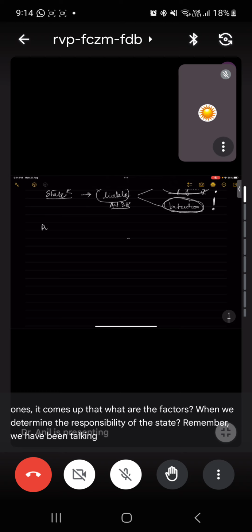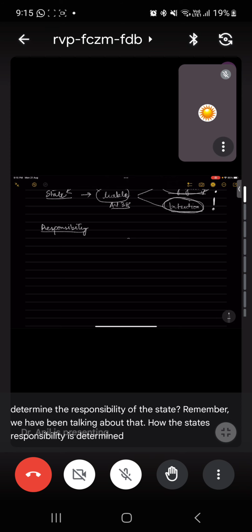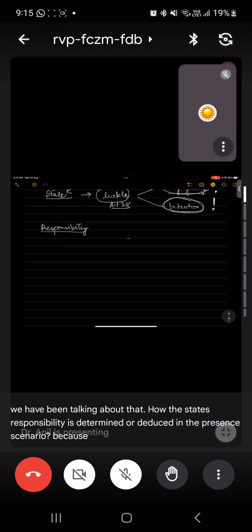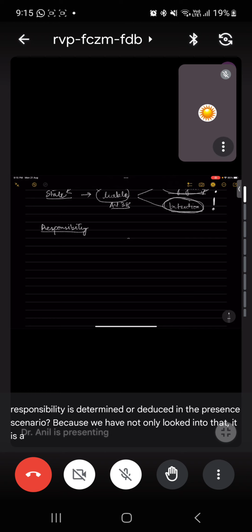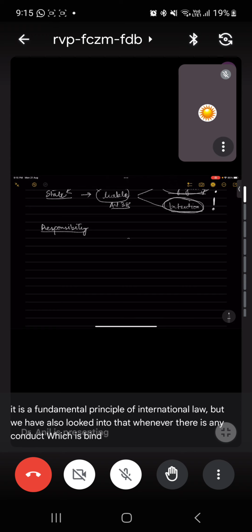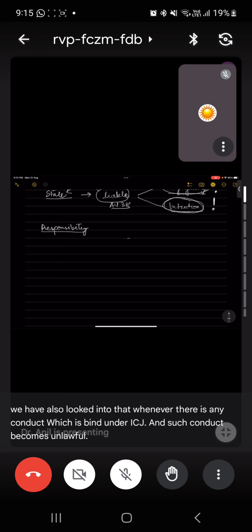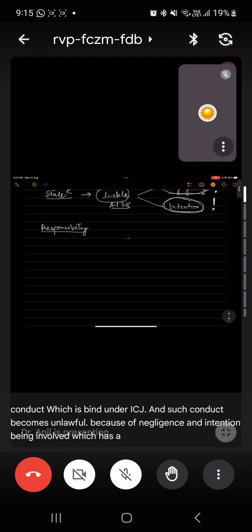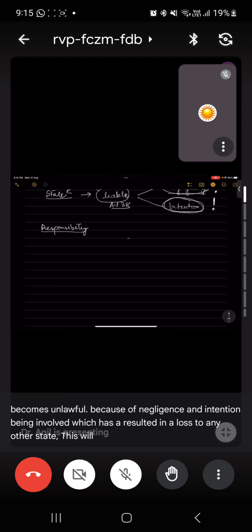Remember, we have been talking about how the state's responsibility is determined or deduced in the present scenario, because we have not only looked into the fact that it is a fundamental principle of international law, but we have also looked into the fact that whenever there is any conduct which is binding under the ICJ, and such conduct becomes unlawful because of negligence and intention being involved, which has resulted in a loss to any other state, this will attract reparation internationally. Clear?